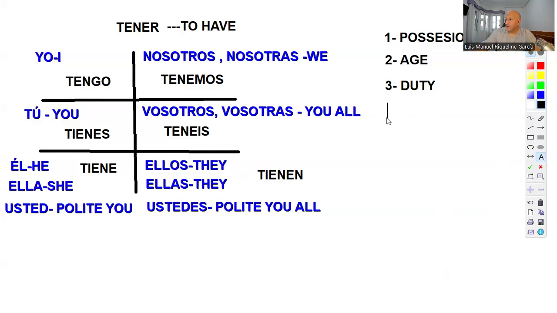And finally, we have another use that is expressions. There is a certain number of expressions that we simply say different. We don't say them like you do. We say them with the verb tener rather than with other verbs that you use in English.